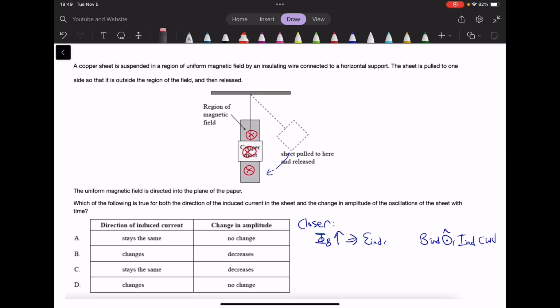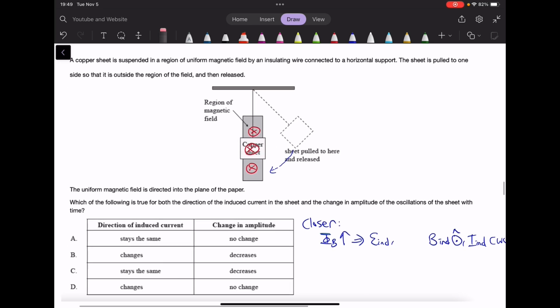Similarly, when the sheet moves away, magnetic flux across the sheet decreases. So flux decreases. Then the induced magnetic field will oppose the change, so it will point in the same direction as the field that is present here.